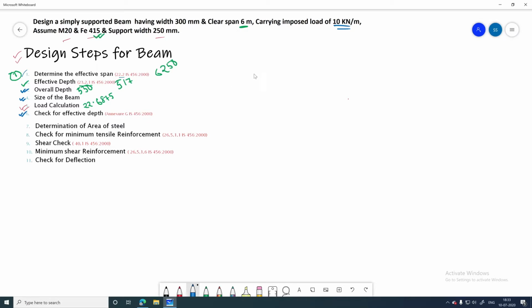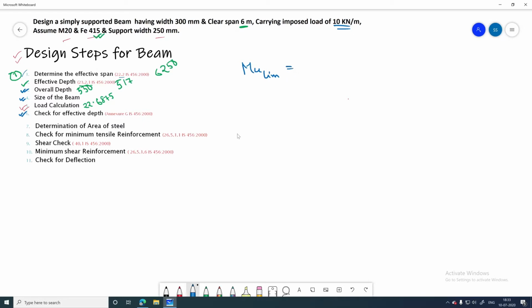So to check for the effective depth, what you need to do, you need to go to the code, Annexure G in IS 456-2000, okay, and there you can have the formula of Mu limit.